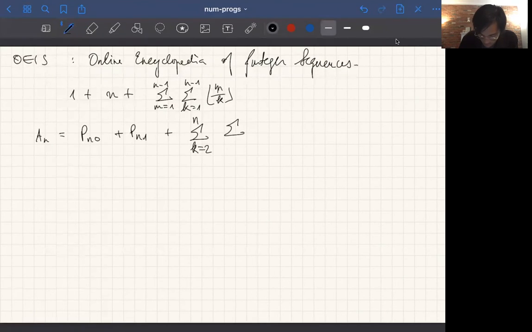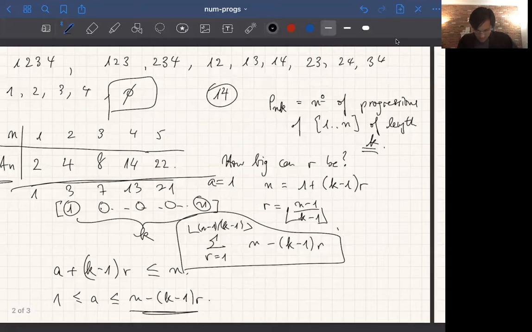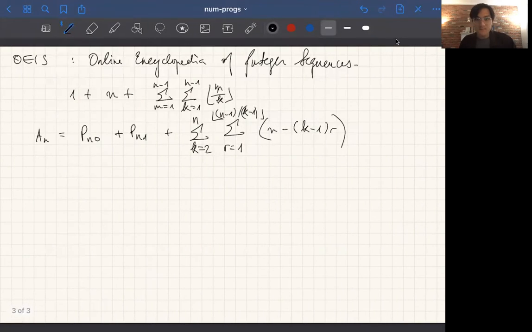It's the sum of r equals 1 to n minus 1 of k minus 1 times floor of (n minus k minus 1) over r. Is that correct? Yes. And so somehow this is supposed to be the same thing.